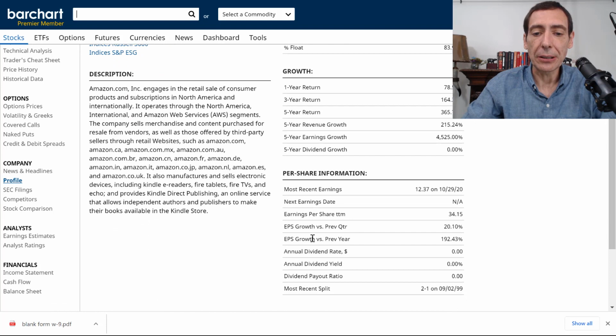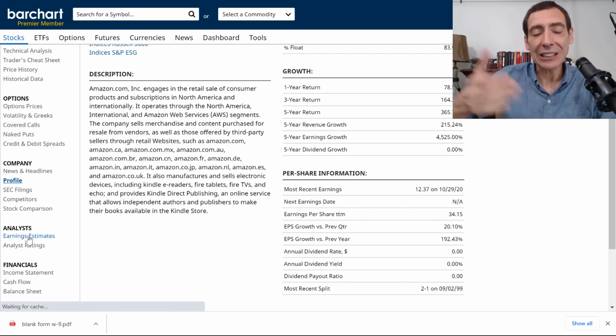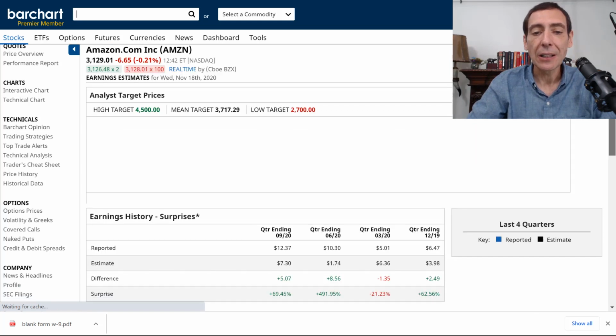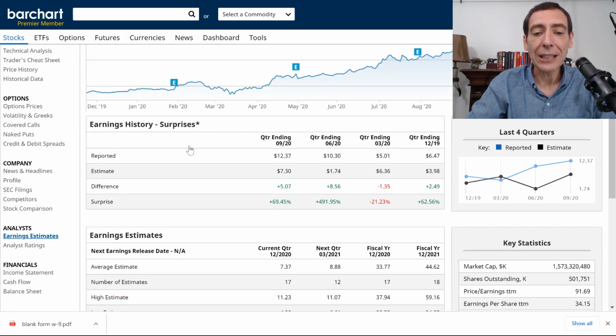earnings per share. Earnings per share growth versus previous quarter, and earnings per share growth versus previous year. And we'd want to make sure that both numbers pass our threshold. And we have a specific threshold that shows you these estimates based on a yearly basis. So for example, earnings surprises, we want to make sure our earnings surprises are higher on the past 2 quarters.